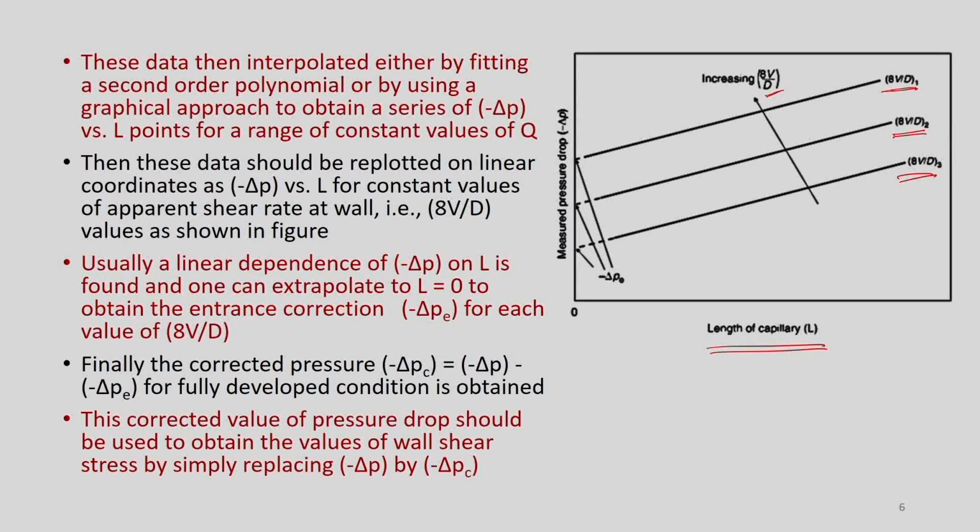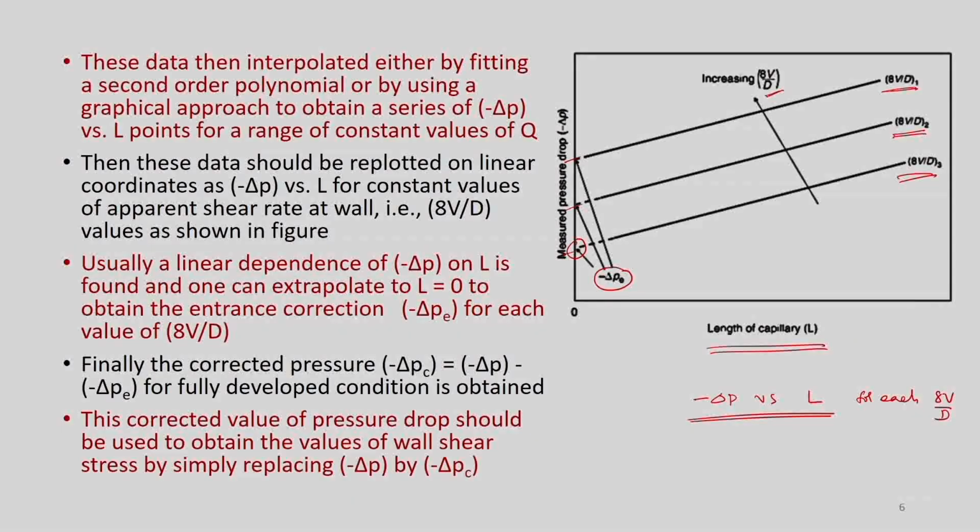What we have to get from this rearrangement of data: minus delta P versus L, you have to rearrange for each 8V by D value. Then whatever the plots are, you extend them to get their intercept values, and you note the corresponding intercept values as minus delta P E, that is the entrance correction for the pressure drop.